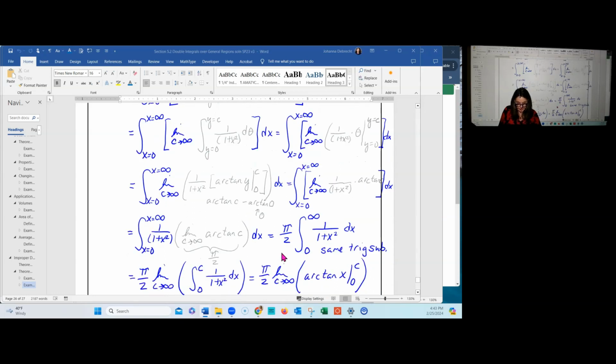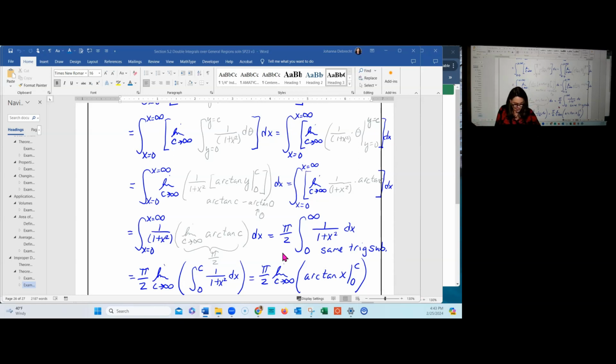This gives us the outside integral of pi over 2 multiplied by the integral from 0 to infinity of 1 over 1 plus x squared dx, which is essentially the identical integral that we just solved using trig substitution.